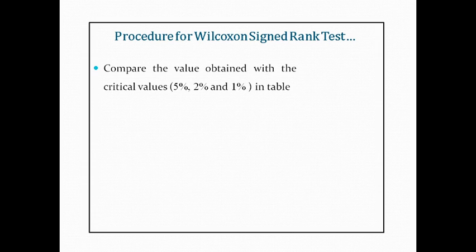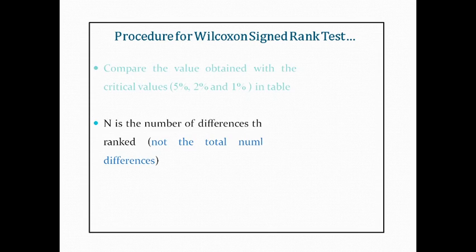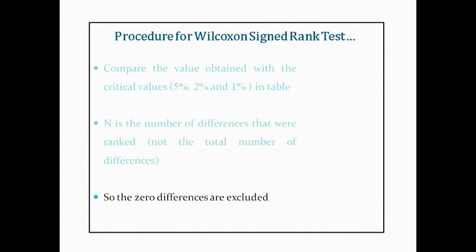There are different tables for 5%, 2%, and 1%. Capital N is the number of differences that were ranked, not the total number of differences. So the zero differences are excluded.